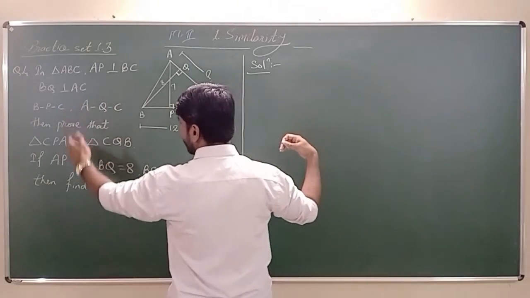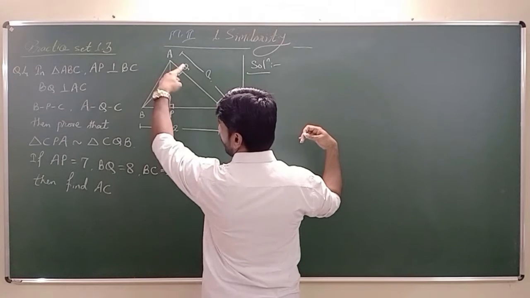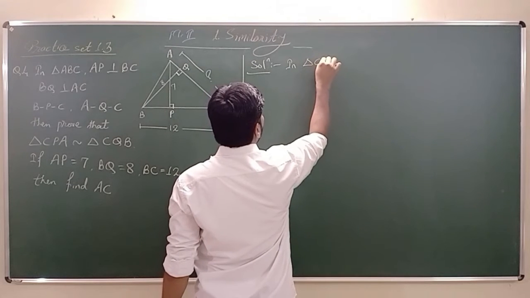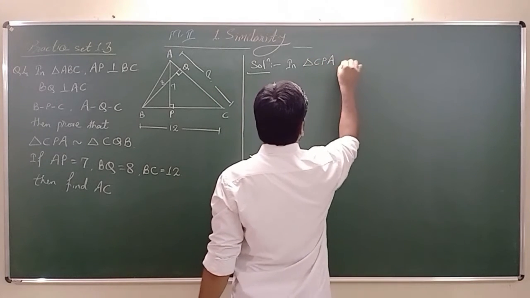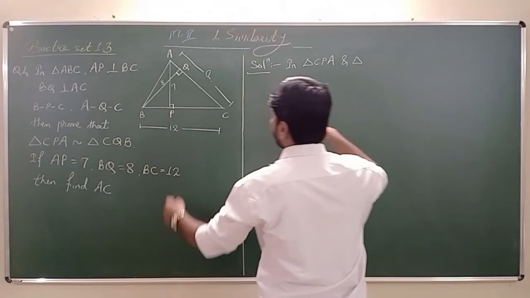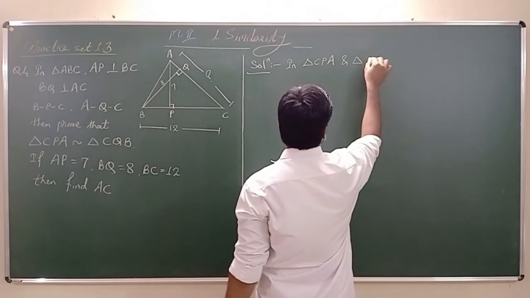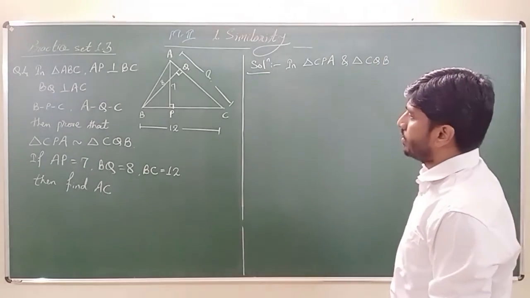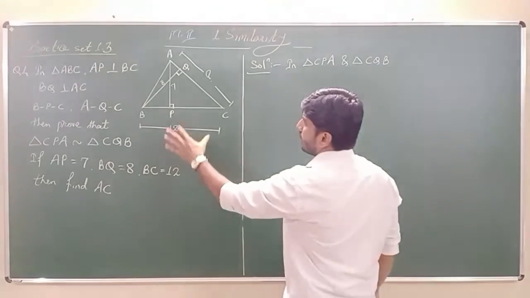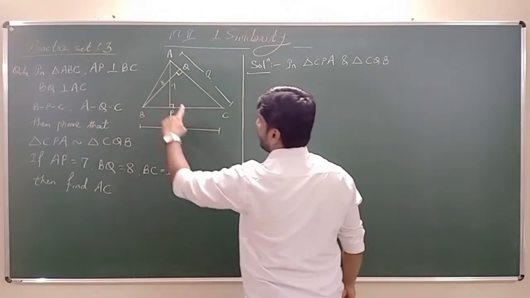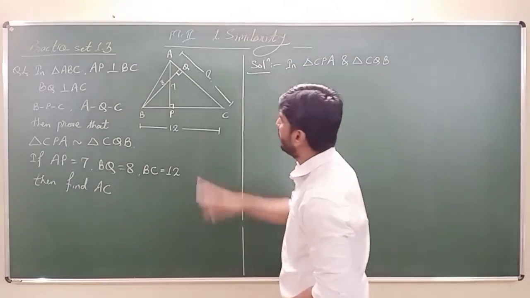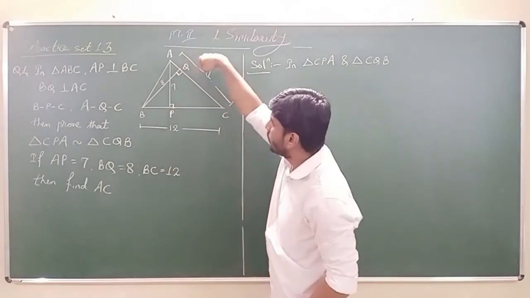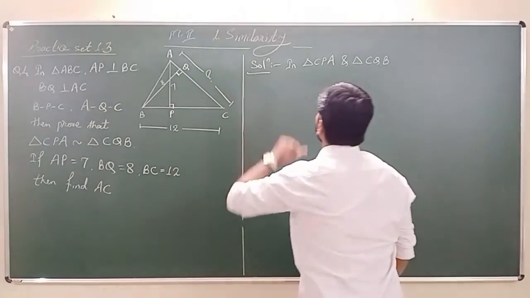So in triangle CPA and triangle CQB, if we observe this, in triangle CPA we have angle P which is of measure 90 degree, and in triangle CQB here also we have angle Q which is of measure 90 degree.